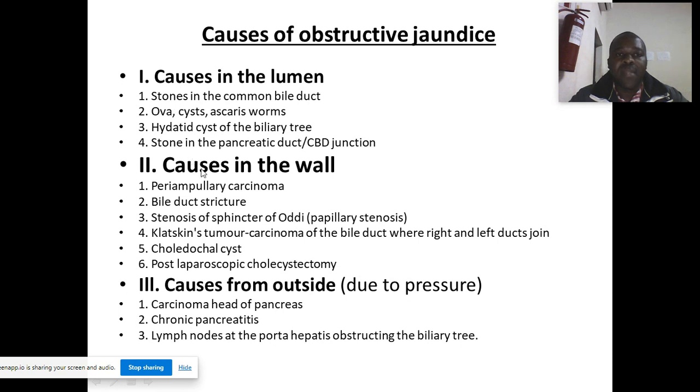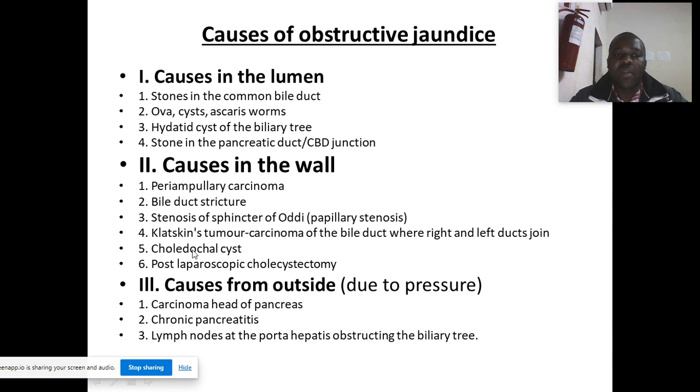The other causes can affect the walls of the gallbladder, the walls of the pancreas, the walls of the ducts. For example, periampullary carcinoma, bile duct stricture, stenosis of the sphincter of Oddi, Klatskin tumors, that is carcinoma of the bile duct where the right and left ducts join.